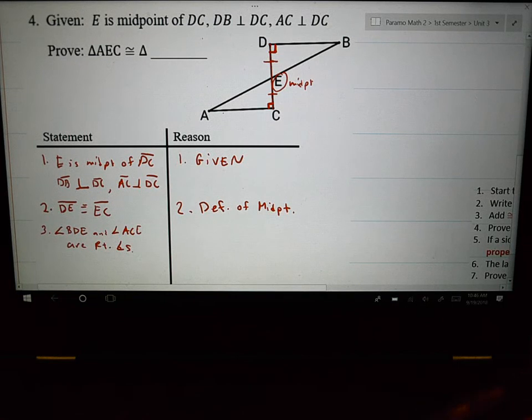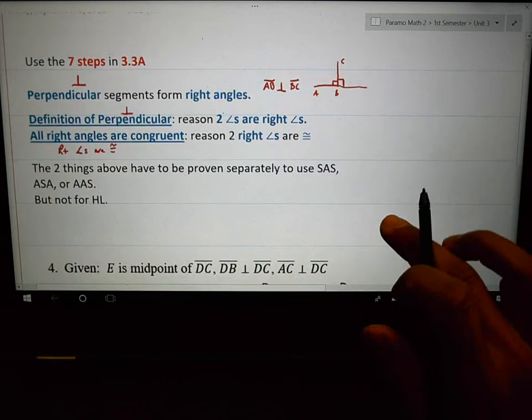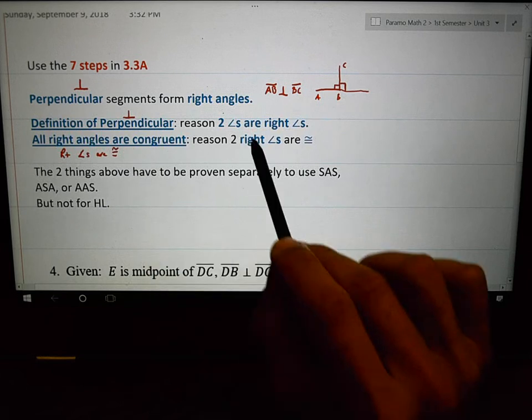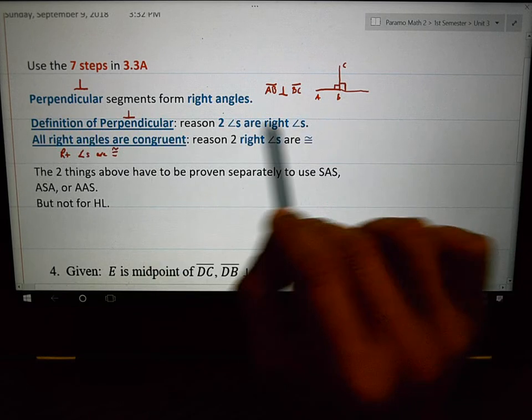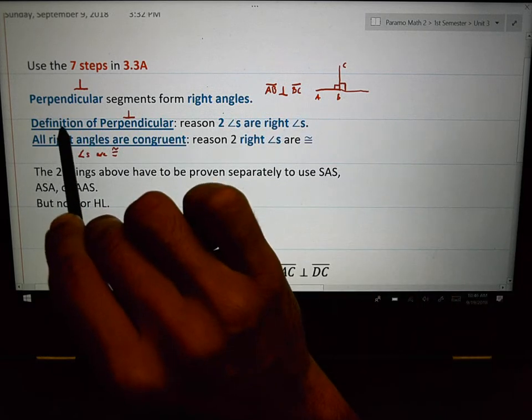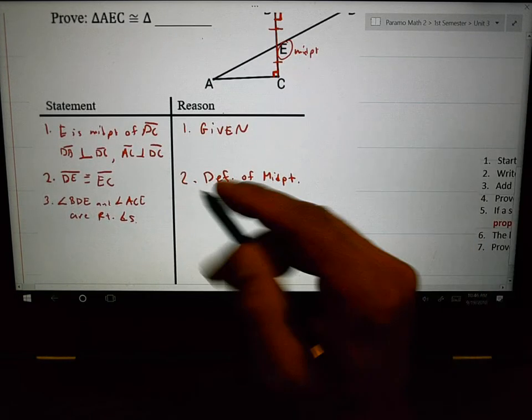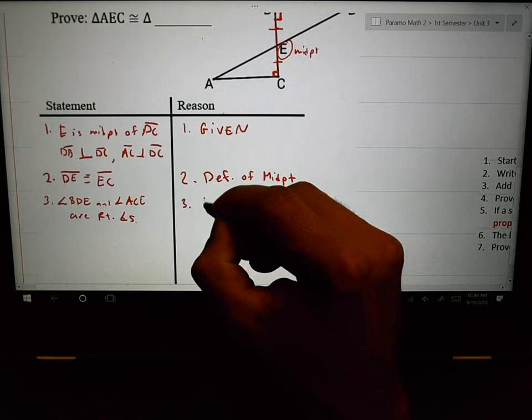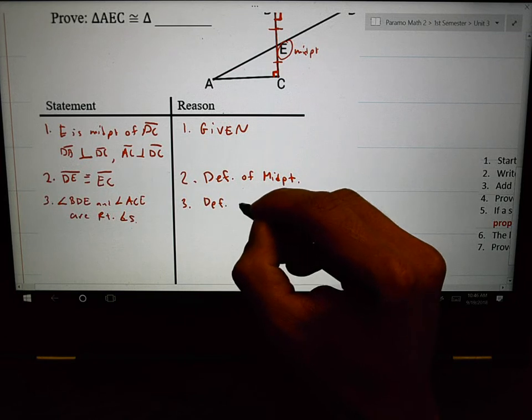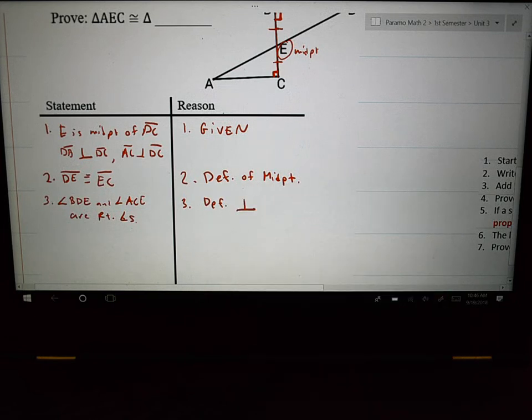I'm using something from my given statement. If you're not sure, we wrote it down in our notes. It's because I'm using the definition of the word perpendicular. So for number 3, I'm going to use the definition of perpendicular.